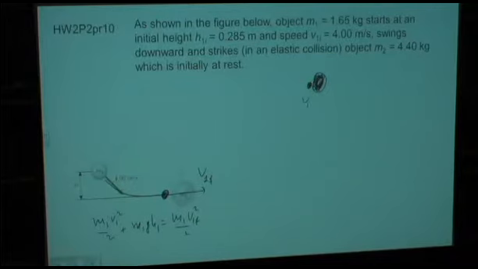So what's happening? v1 and 0, that was at rest. And that's before they collided. And after they collide, how would they travel? Well, of course, this one travels to the right.